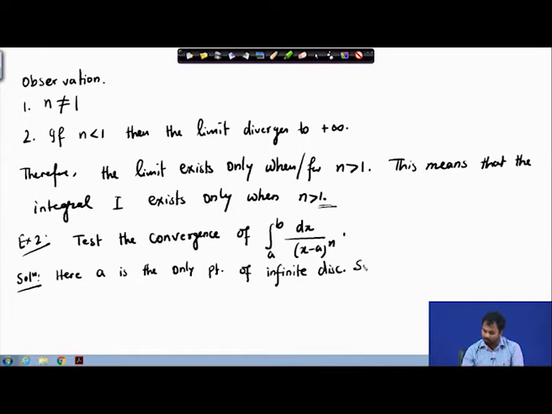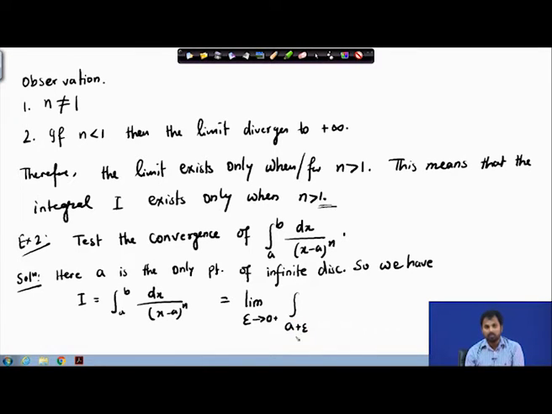We know what we do in these situations. We first of all write I, and the value of this integral would be equal to the value of the limit. So, we add a small epsilon just to get away from the discontinuity. We add a little bit of epsilon at the left end point, and then we write dx by (x minus a) whole to the power n.